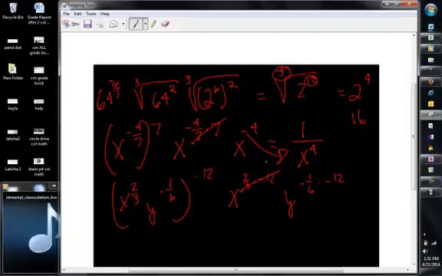These cancel to get a negative 8, so it's x to the negative 8th, y to the positive, 12 cancels the 6, and you have y to the 2nd. So that is y squared on top. This negative sign tells us that that number goes on the bottom, so it'll be over x to the 8th. Next one.